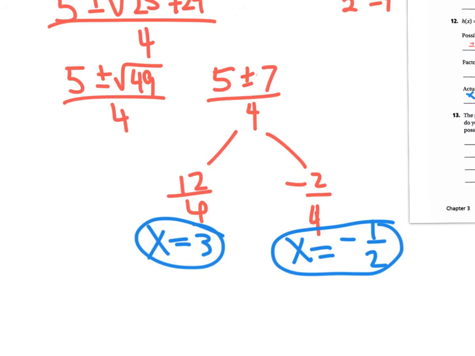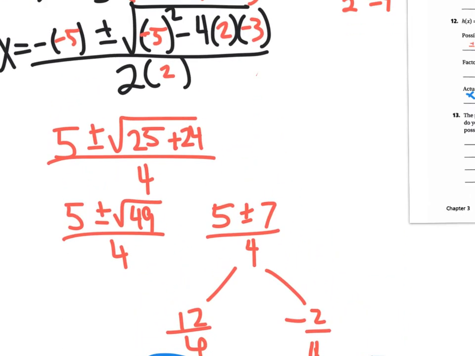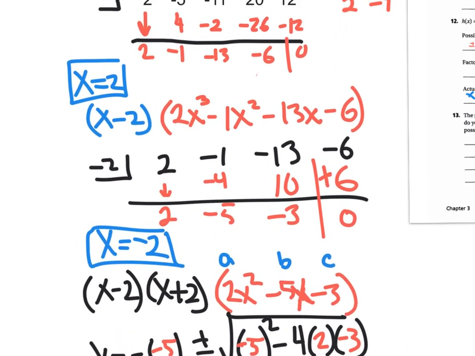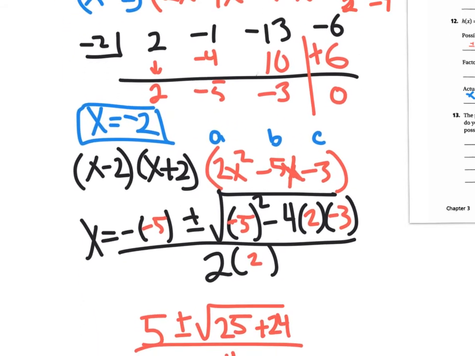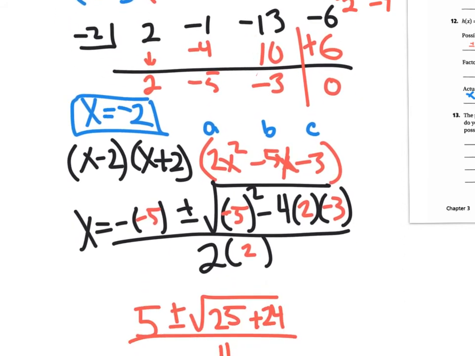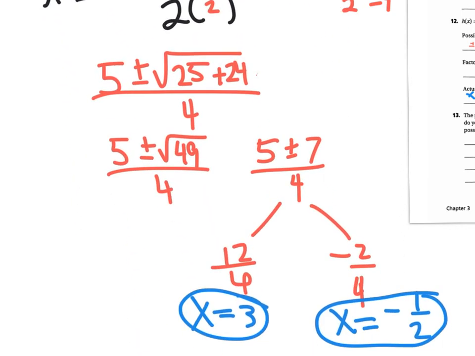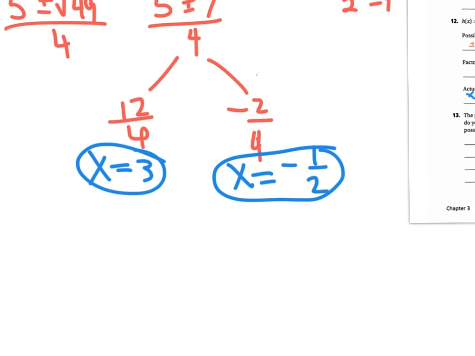So just to review what we've done here, we had the answer 2, we had the answer negative 2, and then we were able to factor it to the point where we have the quadratic trinomial, and then we use the quadratic formula to find the other two answers. So we have the answer 2, the answer negative 2, and we also have the answers 3 and negative half.